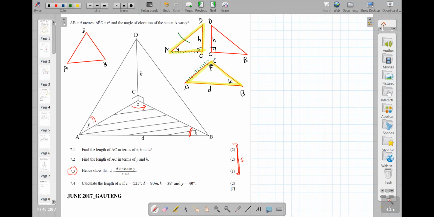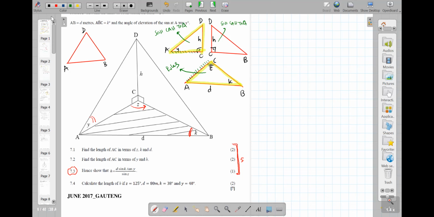SOHCAHTOA is only for right angle triangles, and there's nothing wrong with the vertical triangles because they are right angle triangles. But if a triangle is not right angle, then most probably it is the sine rule or the cosine rule. In this case, it is the sine rule.